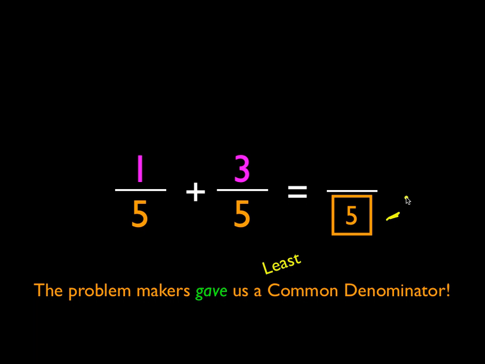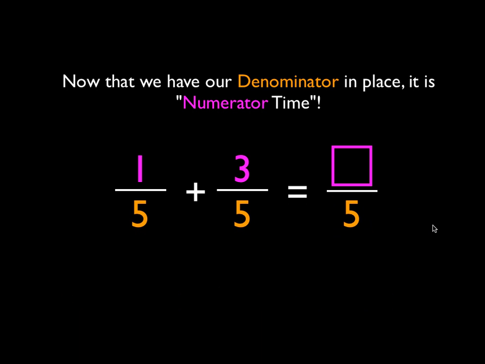The first step is to figure out what that least common denominator is. So we have 5 because they match. That's the easy part. Now you know what that number is, and now it's numerator time. If you have the same denominator, 5, we don't have to do anything except simply add across.